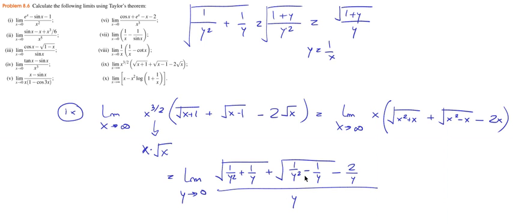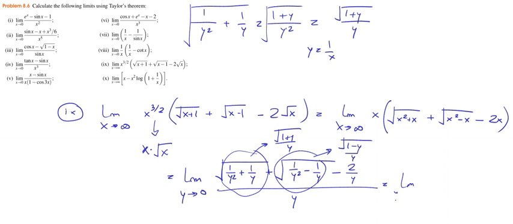The same thing for this one: the square root of 1 minus y divided by y. And then here this is minus 2. So this is the limit when y goes to 0 of the square root of 1 plus y plus the square root of 1 minus y minus 2, all of this divided by y squared, okay?